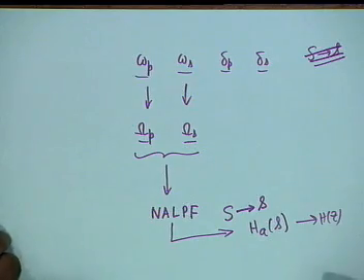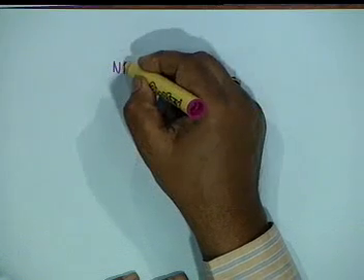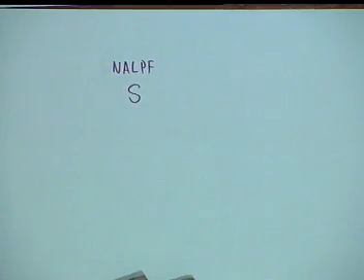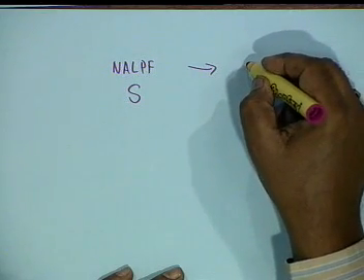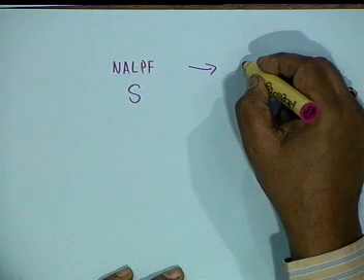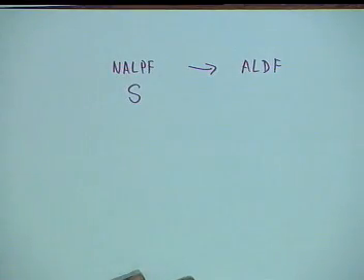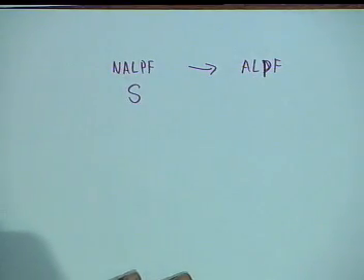To appreciate the complexity of the procedure, let us recall what the transformations are. The normalized analog low pass filter has frequency variable capital S, and we go to the denormalized ALPF, still analog.